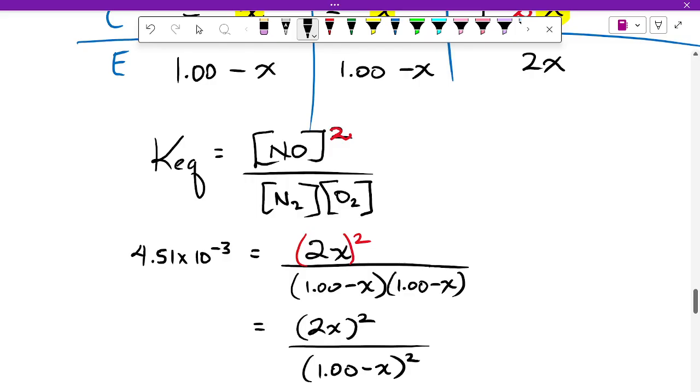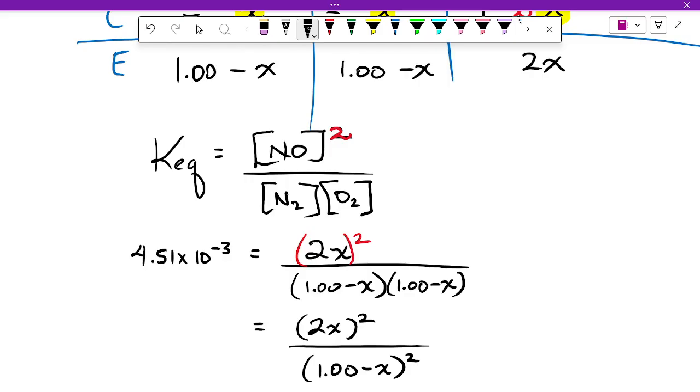And I will let you in on a little secret. For grade 12 chemistry, you do not need to do any quadratic equations. No X equals minus B plus or minus root of B squared minus 4AC all over 2A. You don't have to do that because they're always going to give you an out.